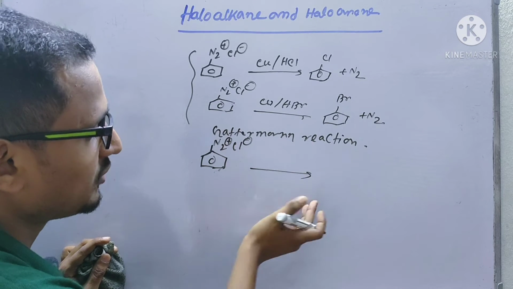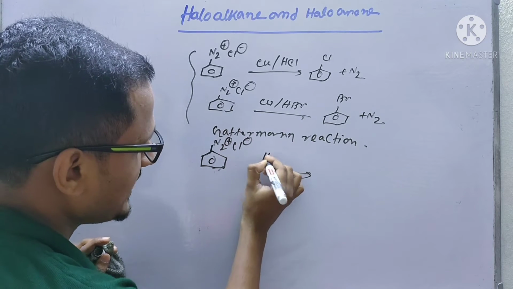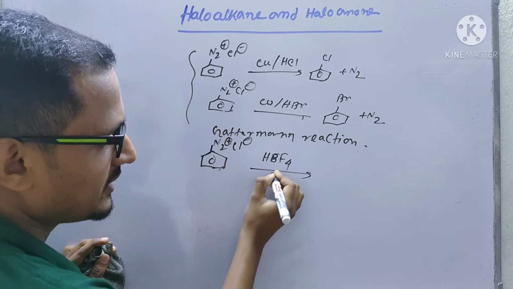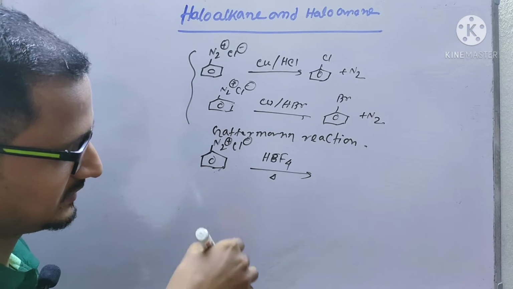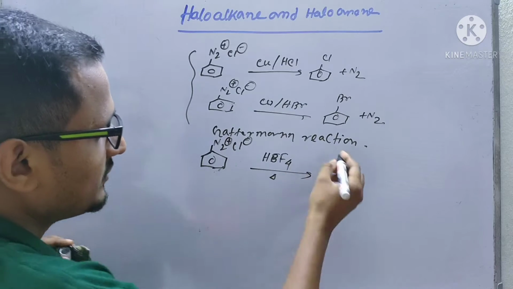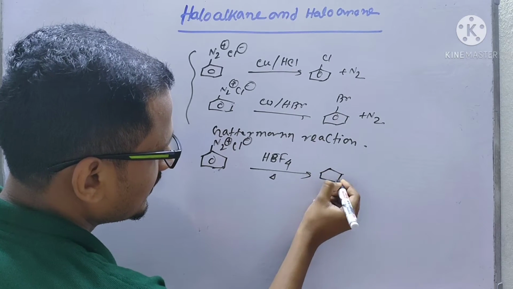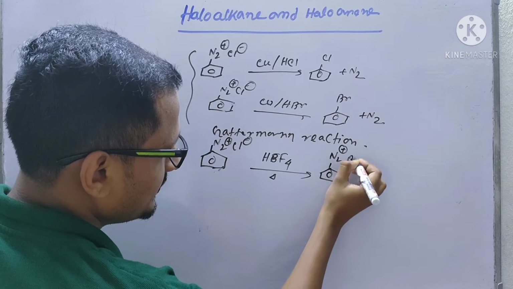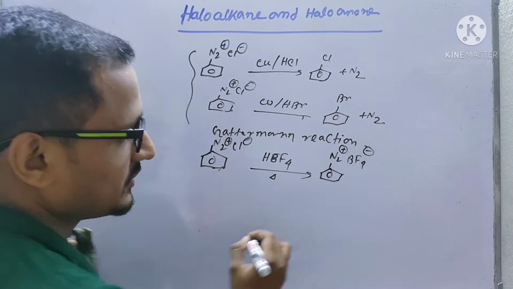Now to form fluorobenzene you have to react this one with HBF4, and you have to heat the solution so that you will get N2+ BF4-.